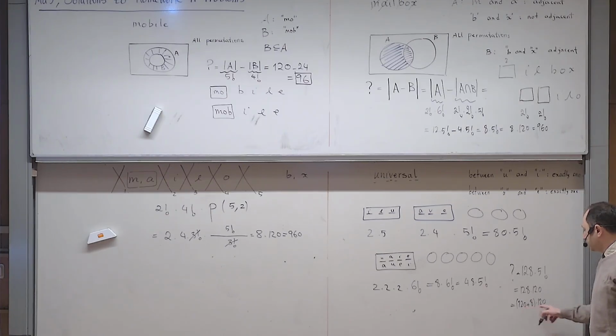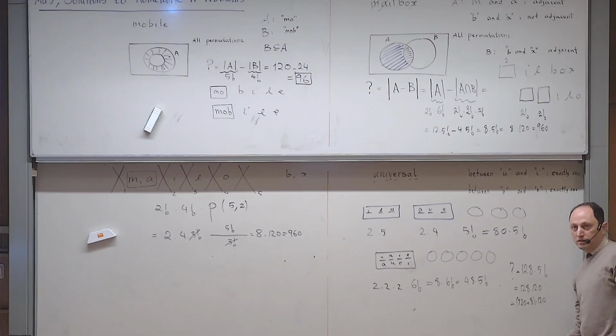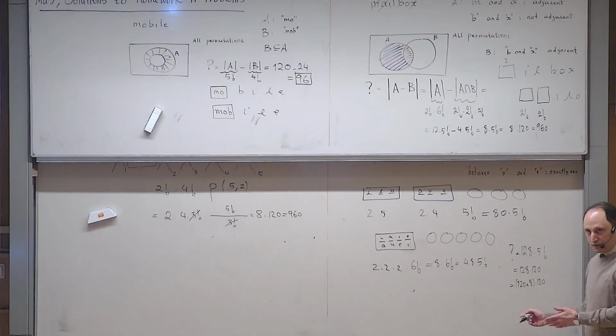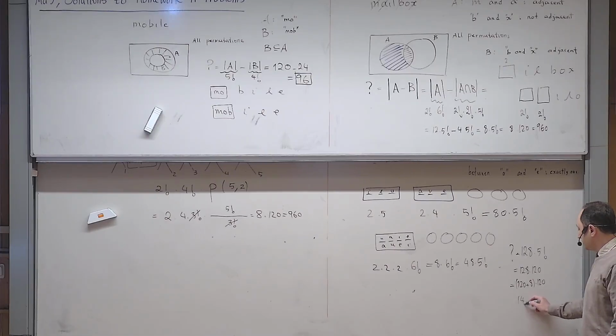This I have in my memory. 12 times 12 is what? 144. So there are 2 zeros. And this one is just 960. So the answer becomes what?